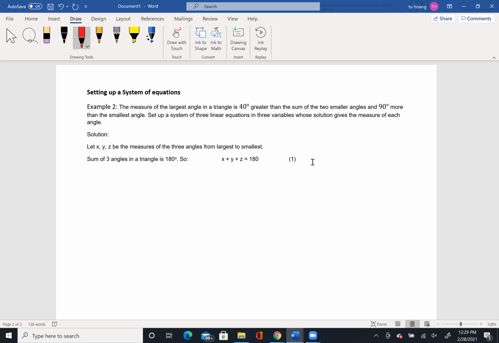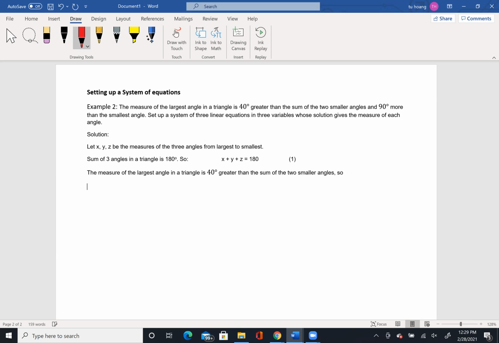So we have measures. I'm going to just copy down: the measure of the largest angle in the triangle is 40 degrees greater than the sum of the two smaller angles. So I'm going to put that here.